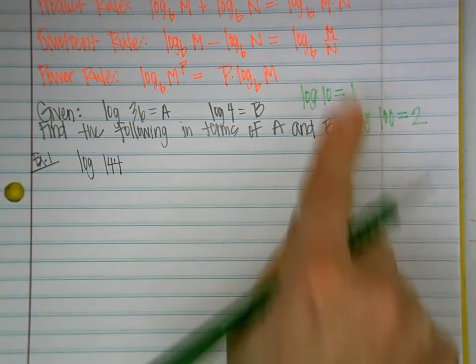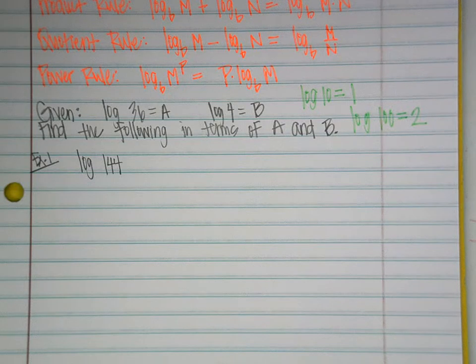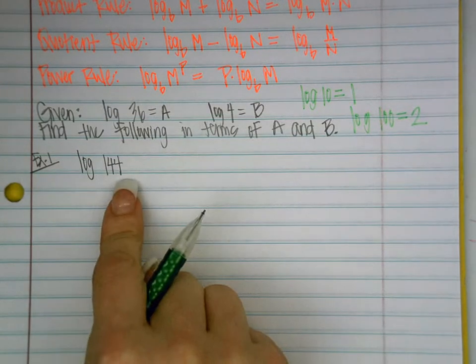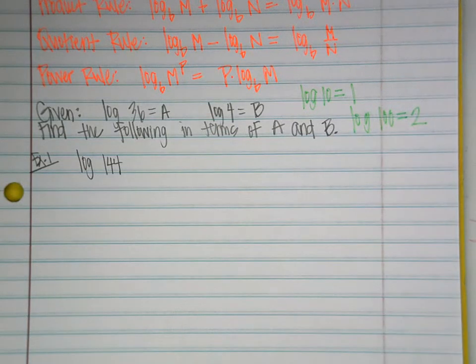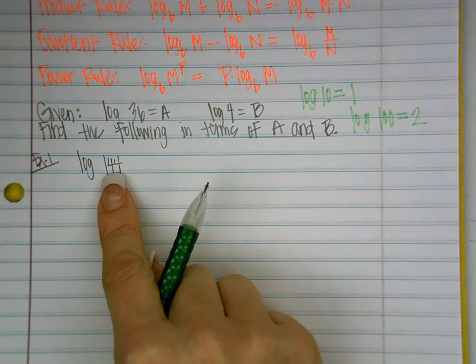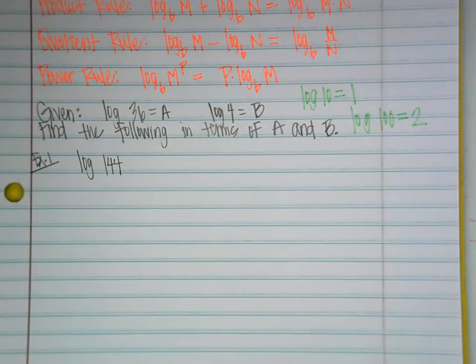The reason I write down the additional ones is because this might help. How can I make a 144 out of now 36, 4, 10, and 100? I don't have to use all of them. I can use just one. You could use multiple ones. So is there any way to use multiplication or division or exponents to get 144 out of 36 and 4?